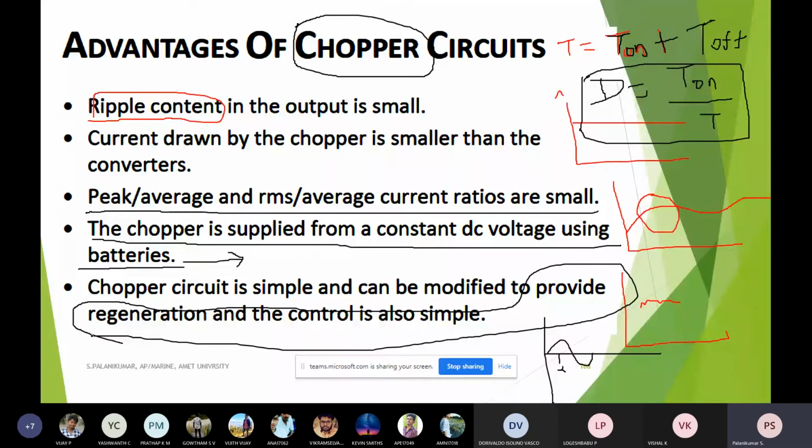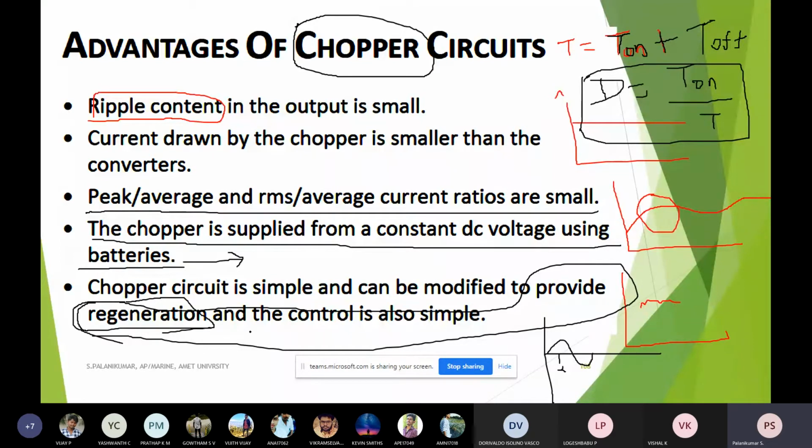During braking, I can feed the power back to the source. That is called regeneration. Otherwise, it will normally be called braking only. If a provision is made such that instead of wasting the braking power, we are able to recover it and feed it back to the source, it is called regenerative braking.